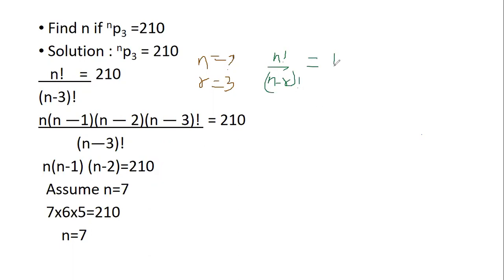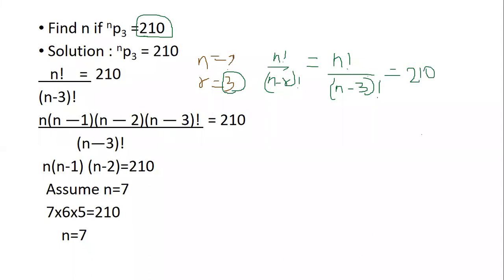Now I will keep n as it is. So n factorial is there as it is, divided by (n minus 3) factorial, since I know r is 3, is equal to the total answer, that is 210.